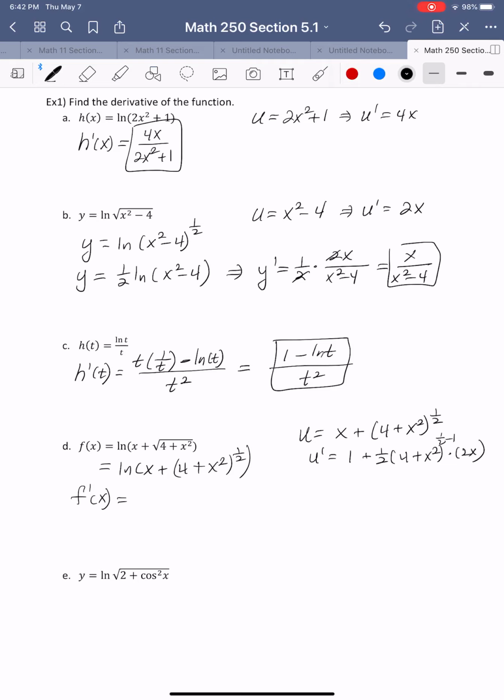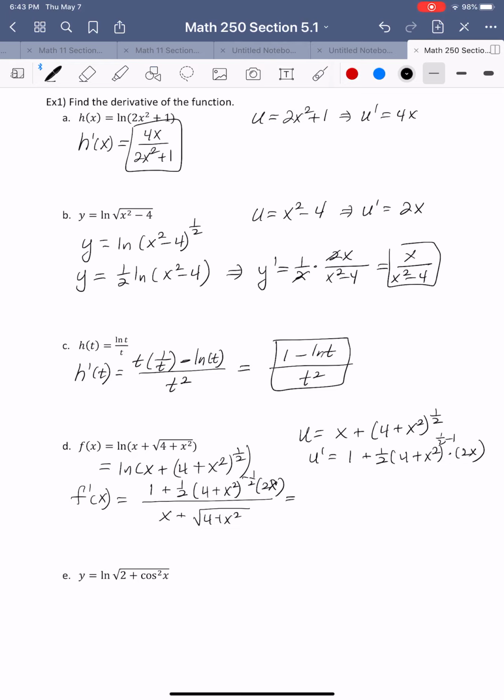Okay, so now f prime of x is u prime, which is 1 plus 1 half of 4 plus x squared to the negative half power times 2x, over u, which is x plus the square root of 4 plus x squared.